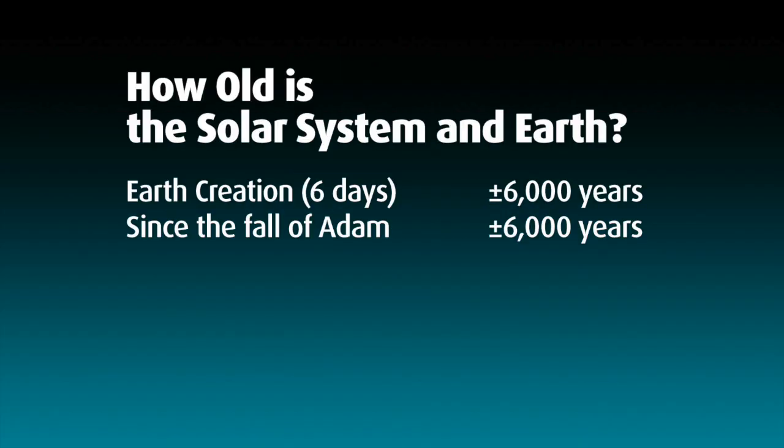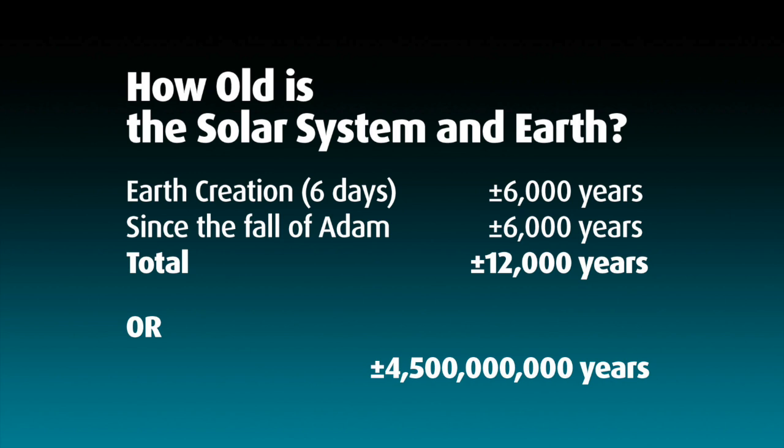And since the fall of Adam, the Bible is pretty good on nailing down dates and so on. It would be around 6,000 years since the fall of Adam. So the total amount of time that a creationist, just giving the most amount of time possible, depending on different points of view, is 12,000 years.